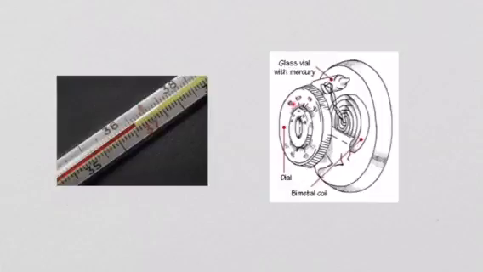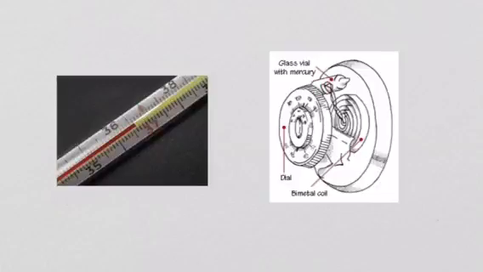Now, you had a dial that you could change the temperature and stuff like that. And what that would do is that would move this coil back here. And this coil was made out of metal. It was just a big metal spring back there. And then attached to that metal spring was this glass vial of mercury.